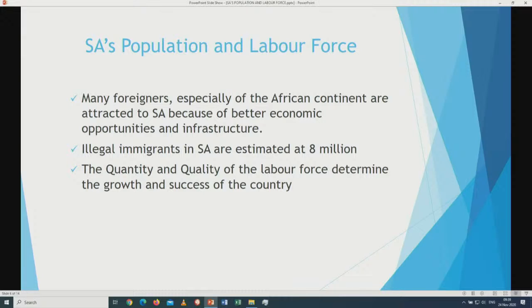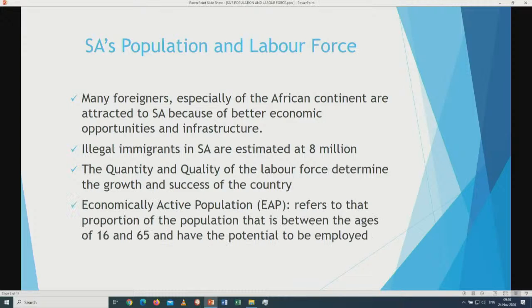It's because unskilled labor would mostly be concentrated on manual jobs, like digging trenches, but we need skills like engineering skills, we need specific skills that will make the economy grow. So if we don't have those skills, then our economy will not grow and our country will not achieve success.